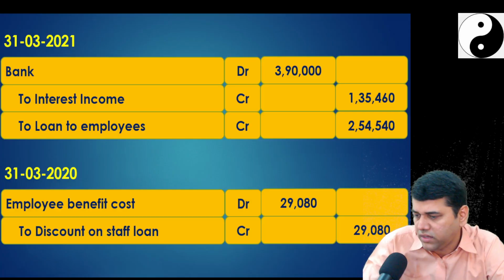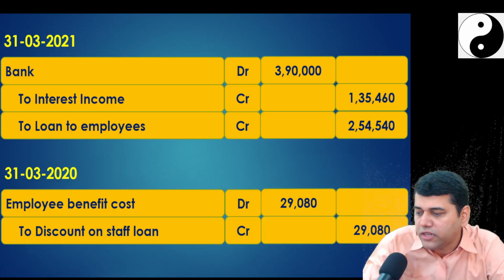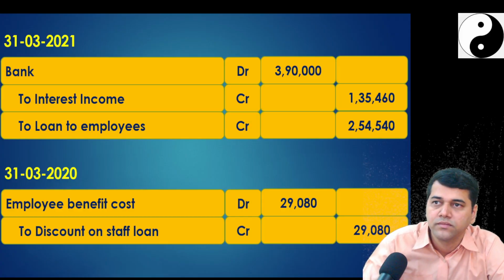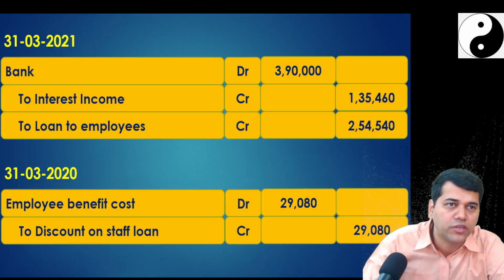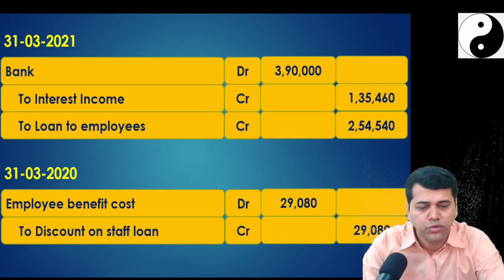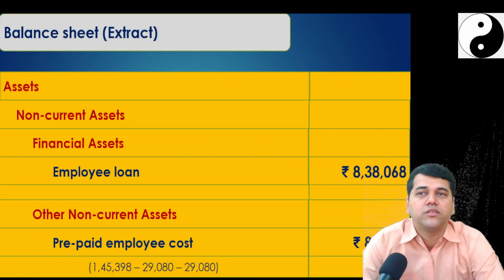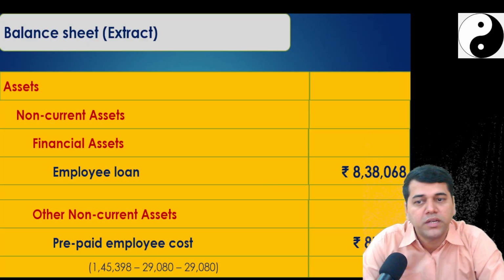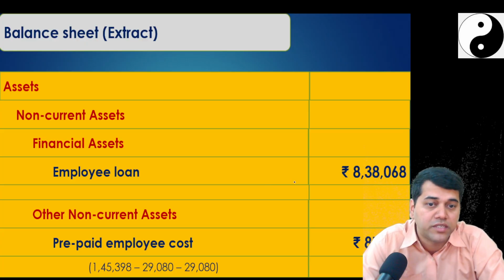In fact, if you see, they didn't tell you rectification journal entries. In a previous question I think they told rectification journal entries. Anyhow, you can give an alternative. But very importantly, they asked you to present the balance sheet.